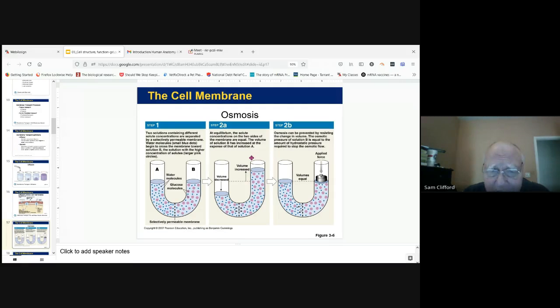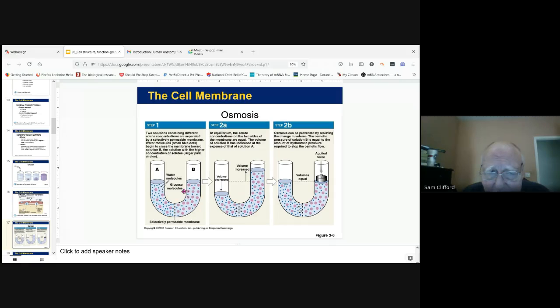So what is osmosis? If this is a selectively permeable membrane, you can see over here that there's more H2O. The water molecules, the little blue dots, are water. So osmosis moves from high water concentration to low water concentration.